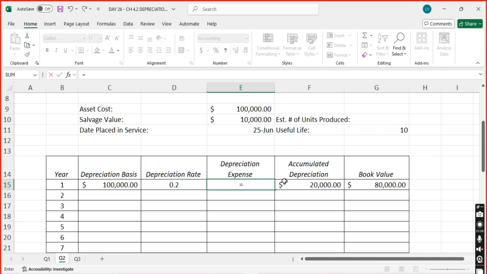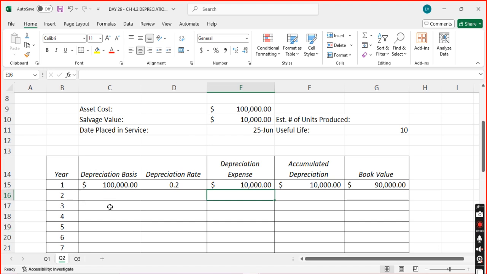So again, 20,000 multiplied by 6 over 12, also known as 0.5, should give you 10,000. And because I cell reference, it fixed all the rest of my information as follows. So therefore, accumulated is 10,000, book value is 90,000.